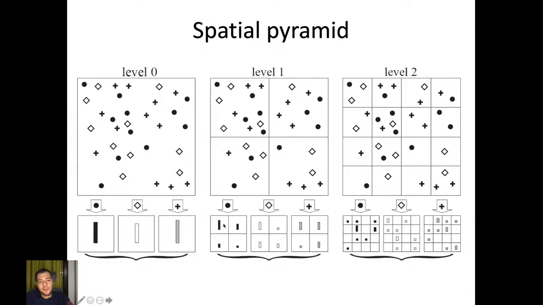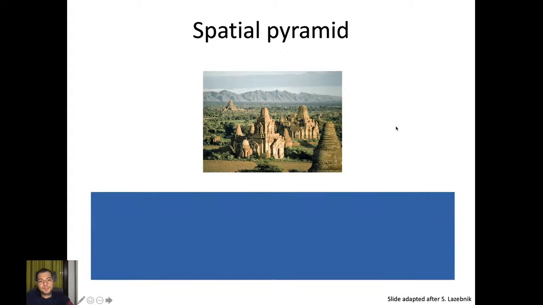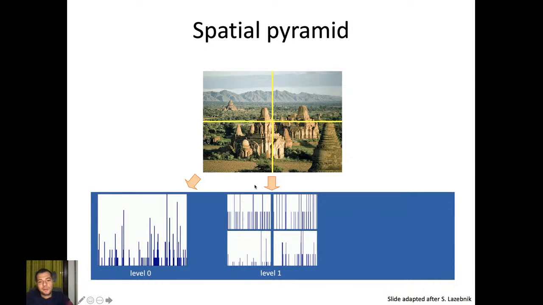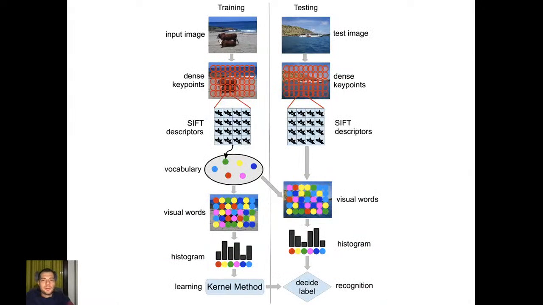Usually, for example, the black circles tend to cluster in this region of the image. The pluses are typically in the upper part, and so on. So you get different distributions of these features across the image, and this is how it looks for a natural image. For this image, you obtain this representation. For the second level, you obtain different histograms, and so on.